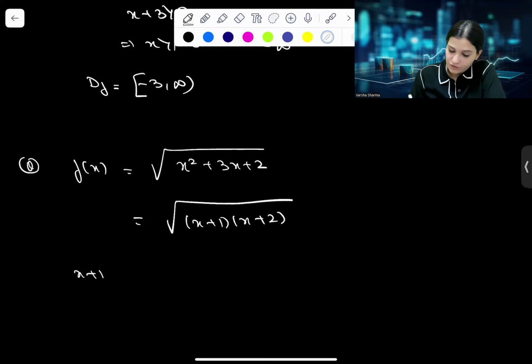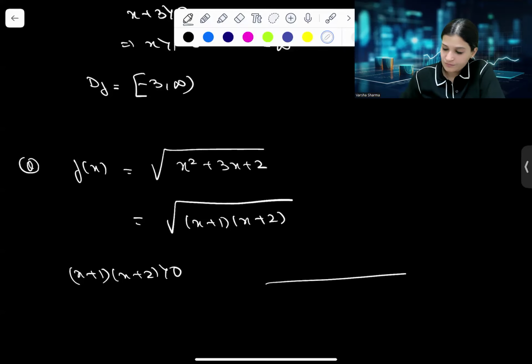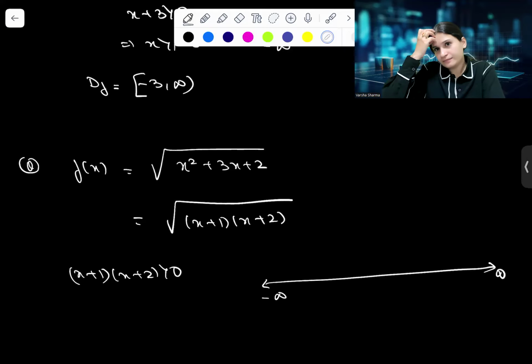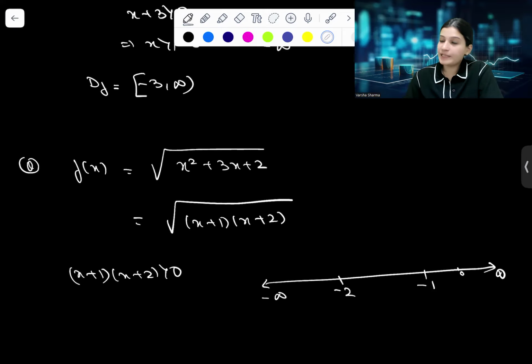So I want (x plus 1)(x plus 2) to be greater than or equal to 0. So what are the two numbers? Minus 2, minus 1. Now if I take 0, I get root over 2.